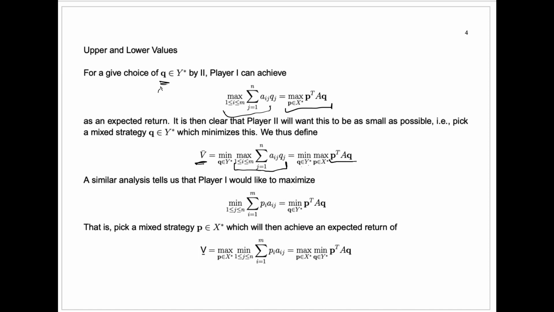So this is just the value of the game if 1 plays P and 2 plays Q. Player 2 would like to, if player 2 is going to announce a strategy ahead of time, minimize the maximum value of this quantity P transpose AQ. We call this player 2's minimax strategy.